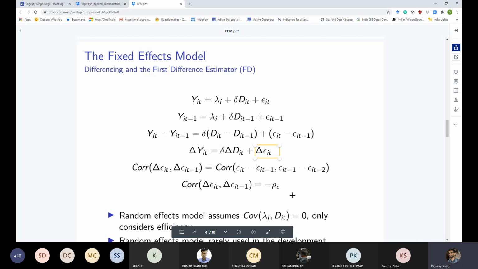That's the main feature of the first difference estimator: the delta that you estimate would be the true delta. That's not a problem. But this transformation would introduce serial correlation in your error terms, so you have to be mindful of that.